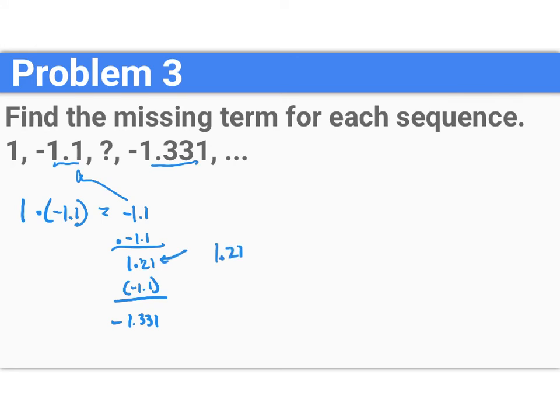I multiplied by negative 1.1. The first and second terms have a relationship. And once you figure out what that relationship is, you can solve any of these sequence problems. I wish I would have been given a second term, and it would have been much easier to find a third term. So this required some guesswork.